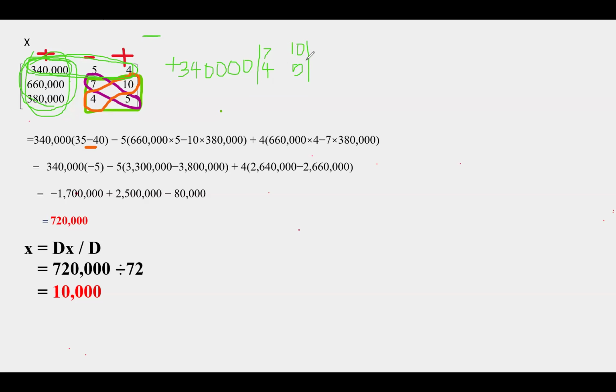Remember, when we're finding the determinant, it's major minus minor. So this is our major, and this is our minor. From here, we know that 7 times 5 is 35, which we have here, and then 4 times 10 is here.